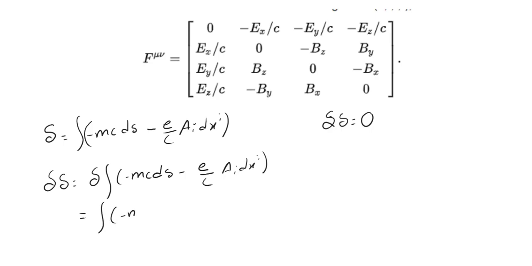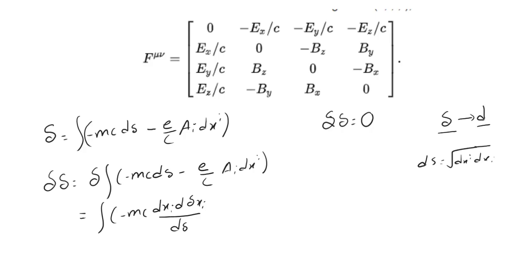Just remember that this variation has a different meaning from a derivative, but its properties are almost the same as a derivative. So we have applied the chain rule and come to this form.